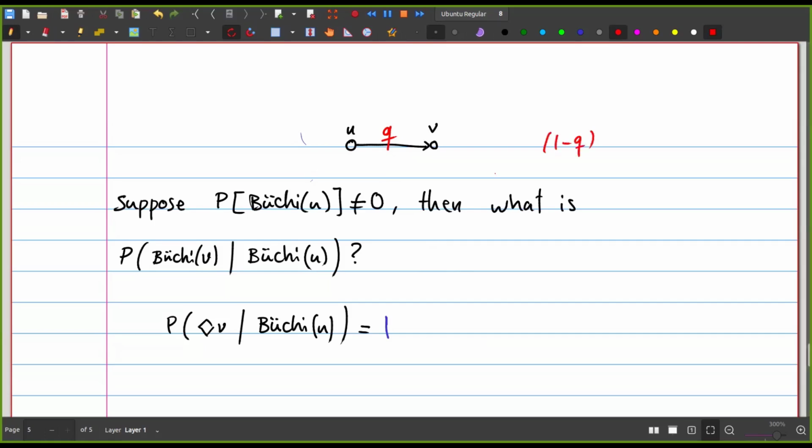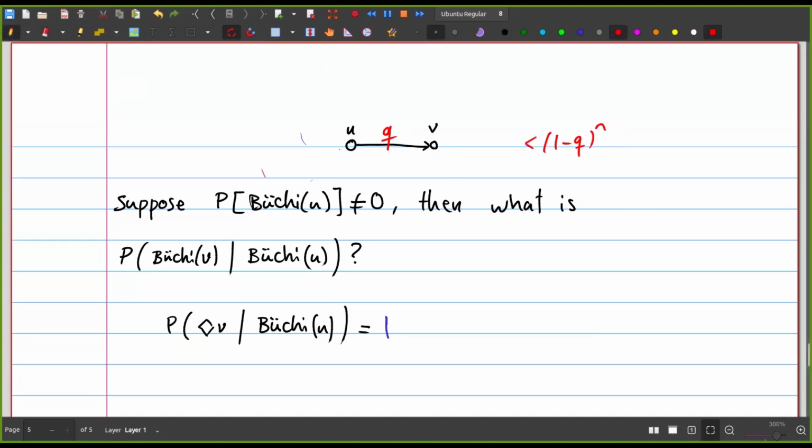Okay. Now let's extend this. Suppose that I have seen u twice. So I've come to this vertex u twice. What is the probability that I've never gone to v? Well, if I don't want to go to v, every time there's a probability of 1 minus q of not going to v. So the probability is going to be (1 minus q) squared, right? And generally, if I come to u n times, the probability that I never go to v is going to be at most (1 minus q) to the power of n.